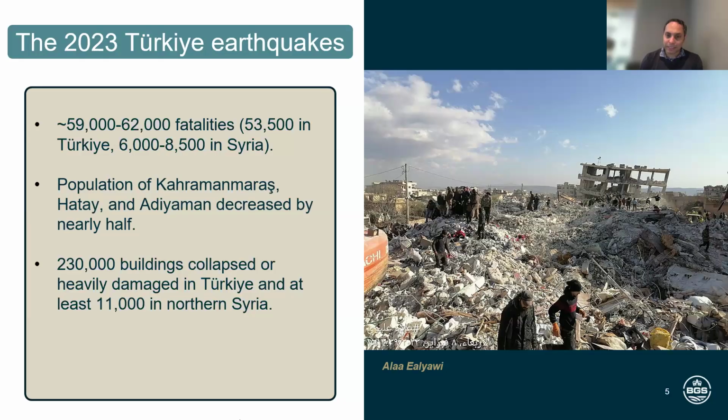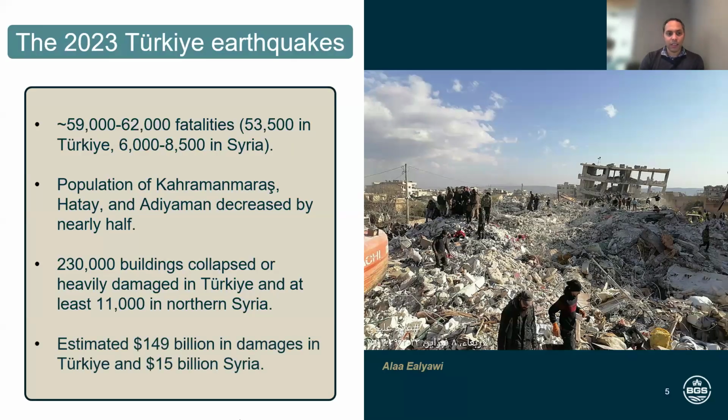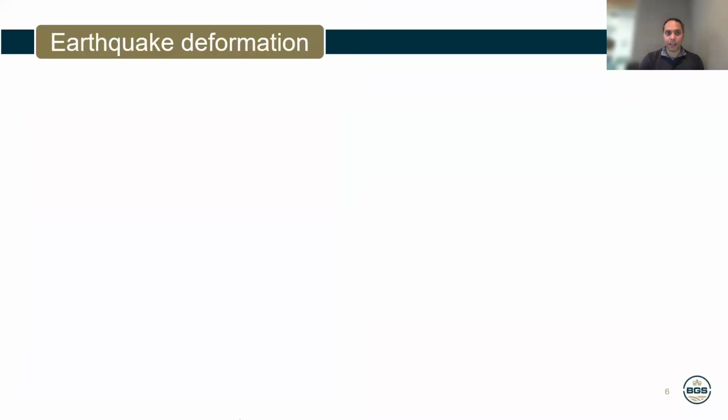Nearly 250,000 buildings were damaged or collapsed, and will have to be rebuilt or redesigned. Immediate estimated economic losses were around 150 to 160 billion US dollars. And that was the immediate damage assessment. I mean, obviously it's been 2 years, and there have been ongoing economic challenges since then. So by every measure, a disaster, by every definition.